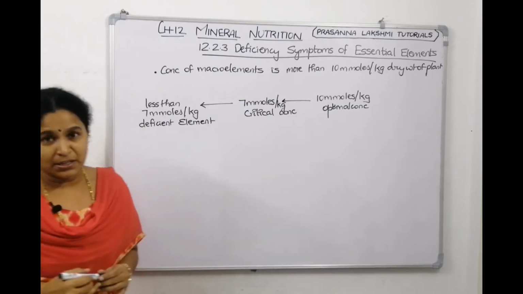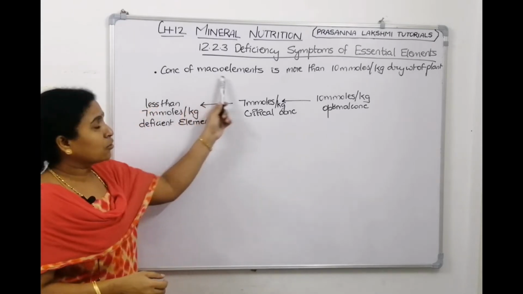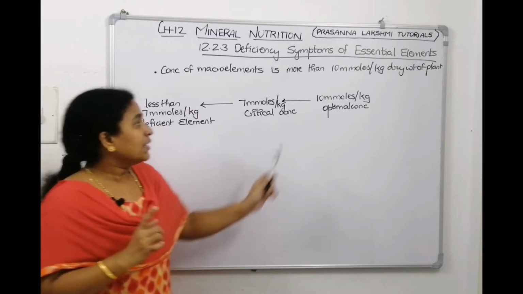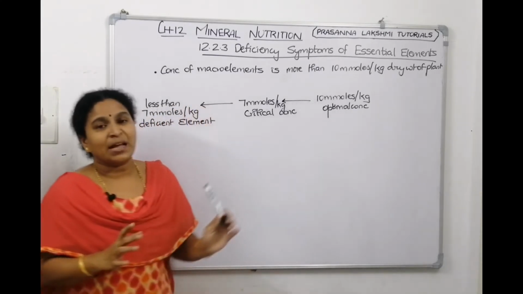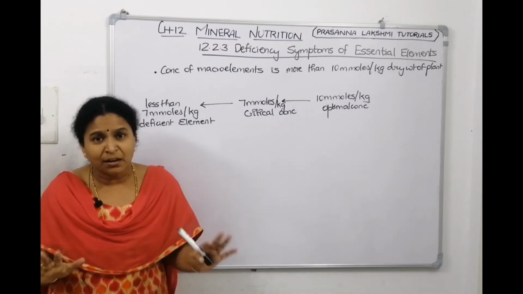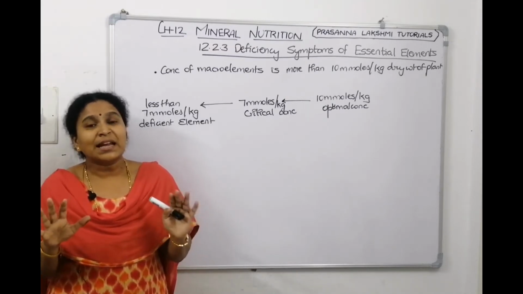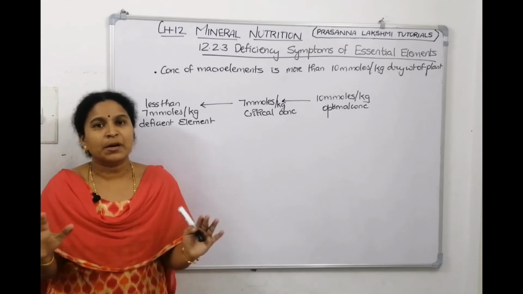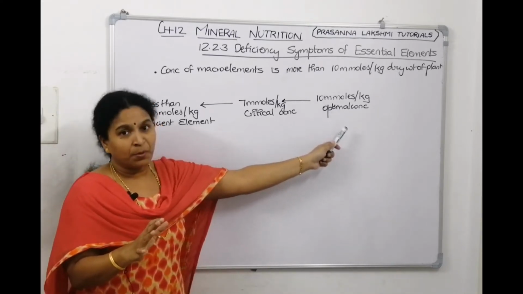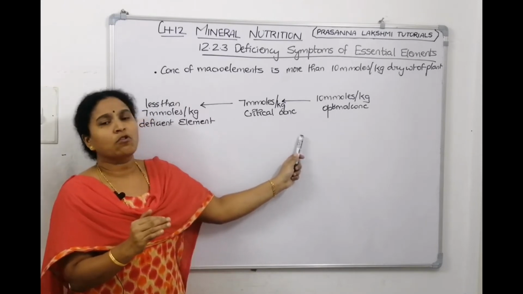Now children, try to understand. We are talking about macro elements. What concentration of macro elements should be there with the plant? It is 10 millimoles per kg dry matter. That is the required amount, so take that as optimal concentration, favorable concentration, good concentration.